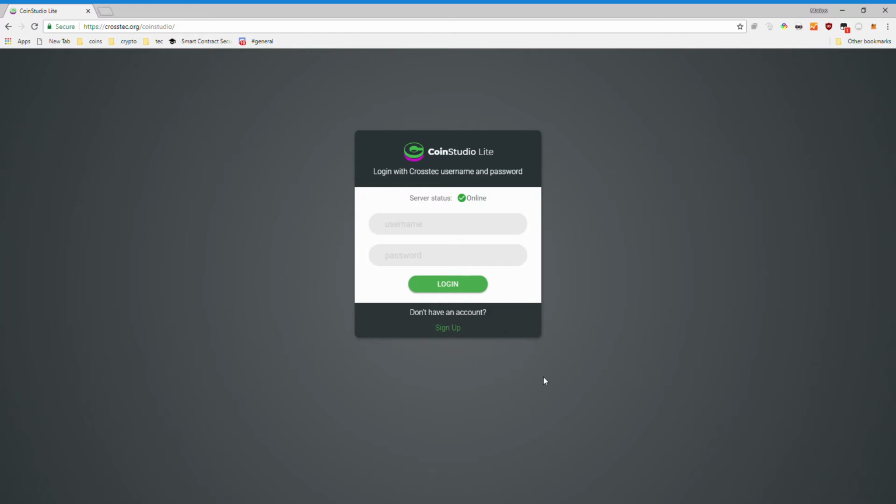You get access to CoinStudio Lite through crosstech.org, and once you've registered there and bought a subscription to CoinStudio Lite, you will be able to log in at CoinStudio Lite itself. CoinStudio Lite is a web app. It's not installable on desktop computers or mobile phones.